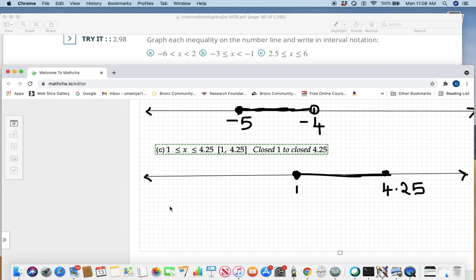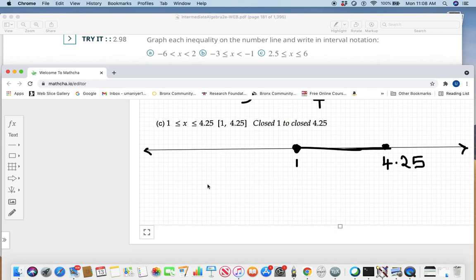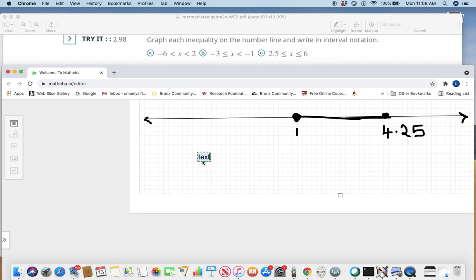Let's try some more. So these are exercises 2.98, A part. -6 less than x less than 2. All right.